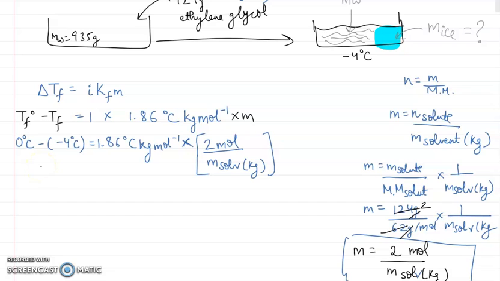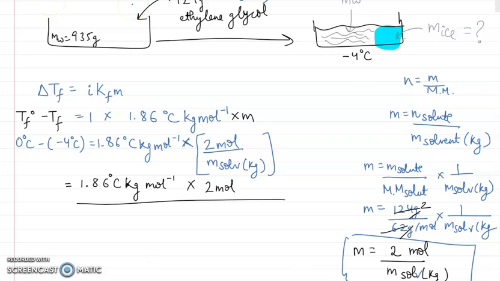Now this would become 0 minus minus 4, that would be 4 degrees Celsius in positive, is equal to 1.86 degrees Celsius kilogram per mole into 2 mole, and here it is in division, so it would go up and 4 degrees Celsius would come in the denominator. So 4 degrees would come in the denominator and mass of solvent in kilogram would go on the left hand side.